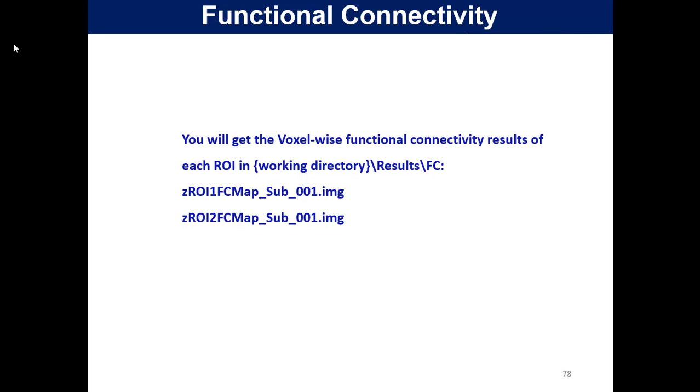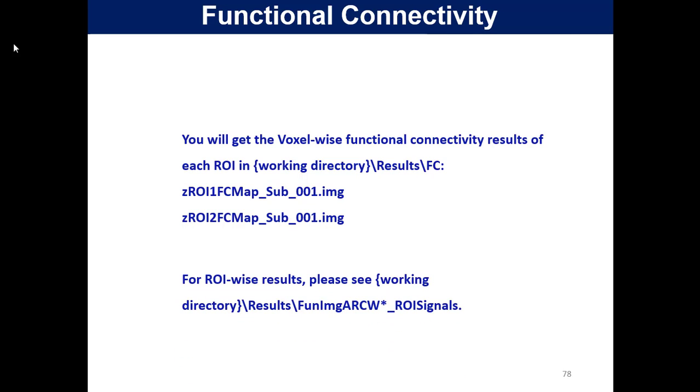So we can use Fisher's R to Z transform to transform those correlation values to Z values. So that's much better for the normal distribution. This can be used for t-tests. And ROI1 FC map for subject 1, and ROI2 FC map for subject 1, like this. And also for ROI results, you can also have the ROI signals, and you can have the FC signals results.